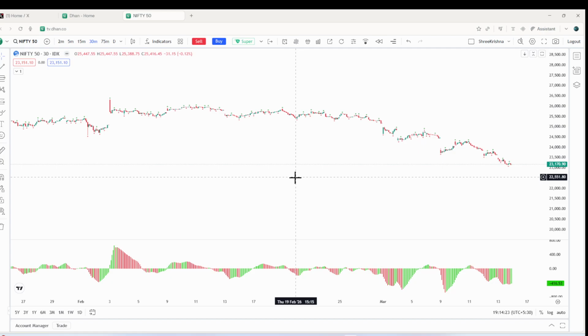Point and figure, you can download a free PDF book on Google search, which is available. One of the leading authors is Jeremy du Plessis, I think, and there is one more author in point and figure.